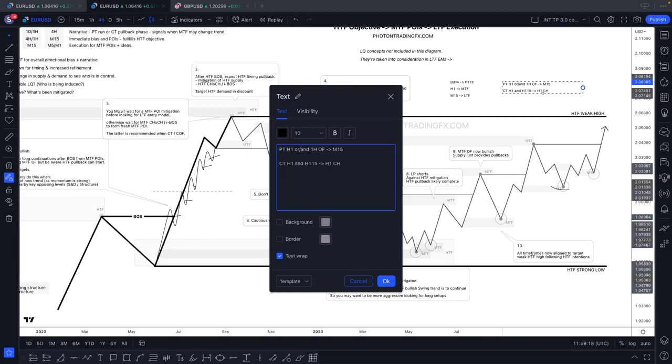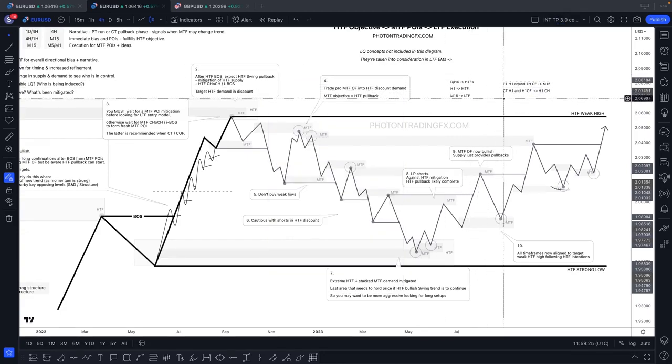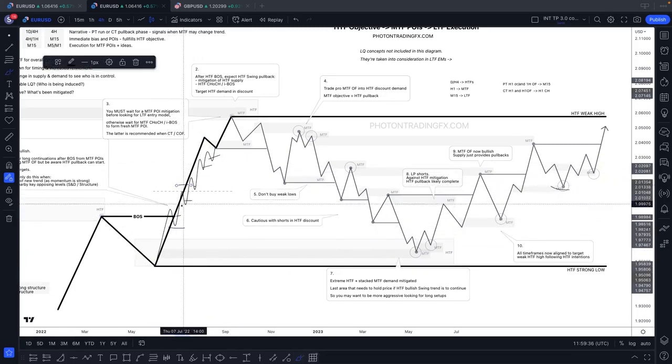Was a mistake, sorry guys: CT H1 and H1 order flow. So structure is bullish in this bullish leg, and order flow, as you can see like I drew here, is bullish.